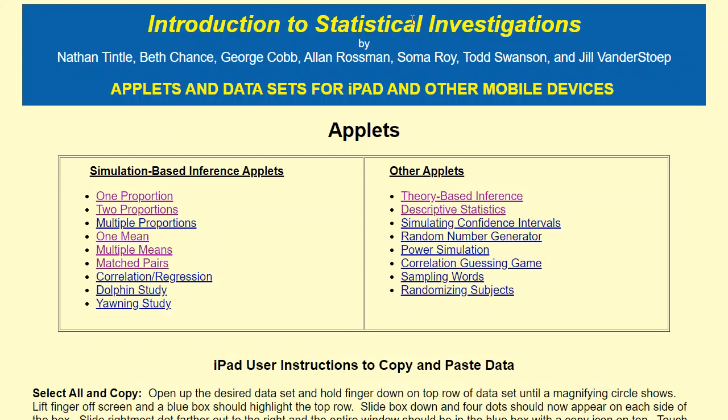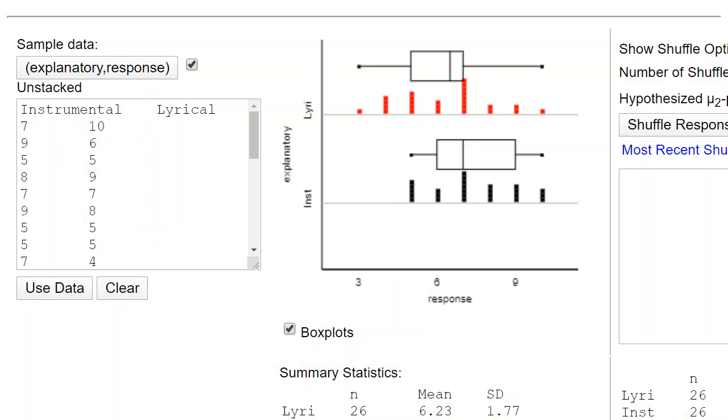Okay, so first, if you treated it as two independent groups, you're really in multiple means, Chapter 6. And this would be the data here. I just pasted it in. Here's the box plot for lyric music and the box plot for instrumental music. You can see that the mean here looks like it's bigger than the mean here. In fact, it is.